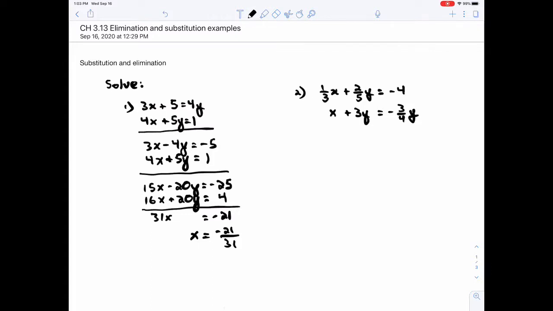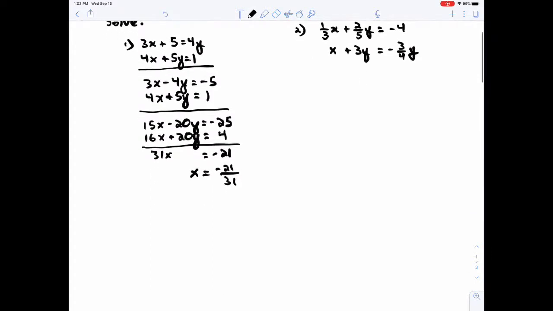So what I'm going to do is I'm going to do addition again, starting from the point at which I had each of them with x and y on the same side. So I got rid of y before. Now I'm going to choose to get rid of x. So I'm going to multiply the top one by negative 4.